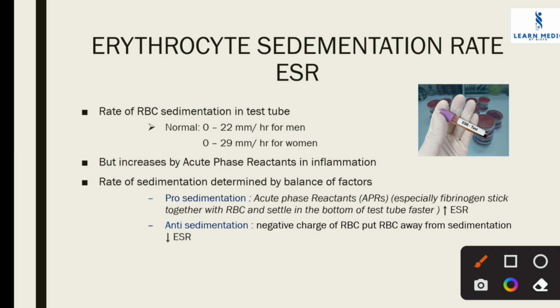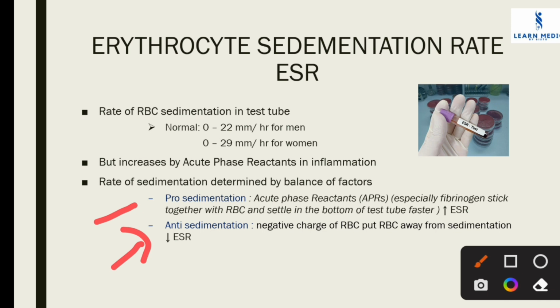So the amount of acute phase reactants, that is a lot of proteins, is increasing in the blood, which increases the ESR. That means RBCs settle faster at the bottom of the test tube because the proteins stick together with RBCs. The rate of sedimentation of red cells is determined by factors like pro-sedimentation and anti-sedimentation.